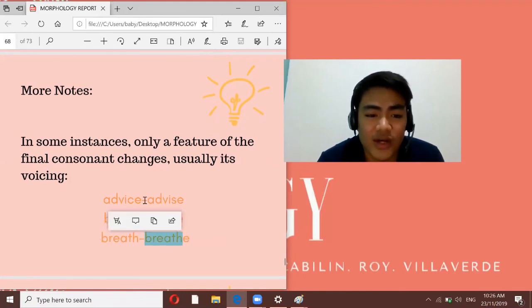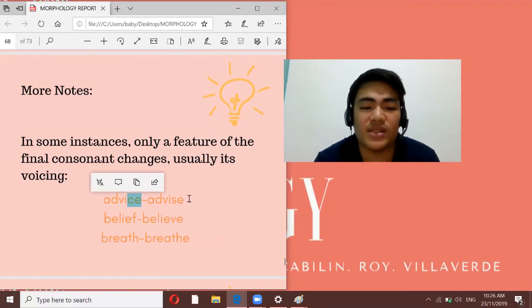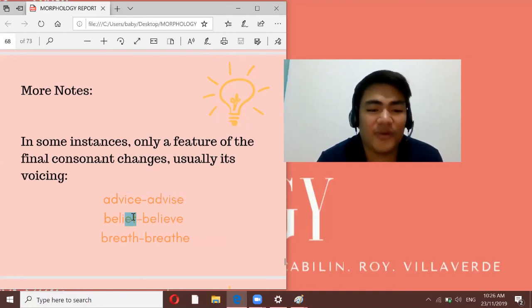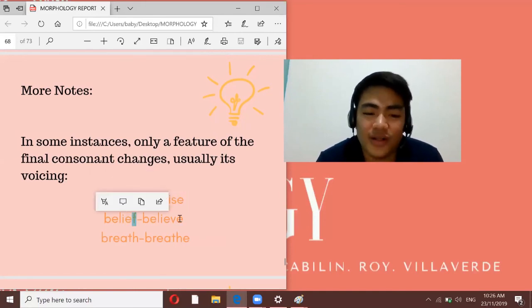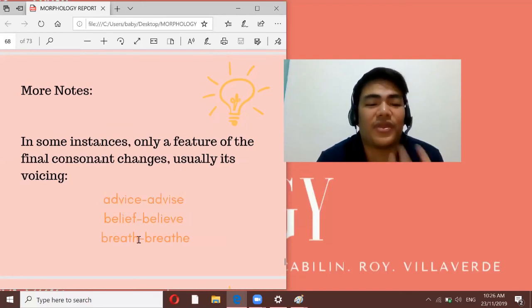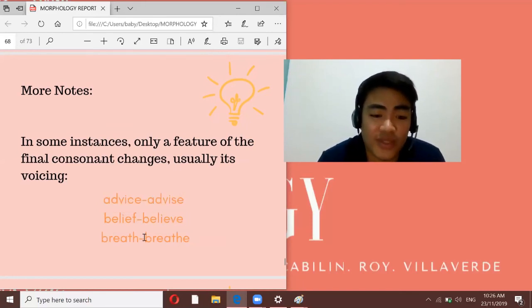So the final consonant sound changes from s to z. In the other example, from f to v. In the third example, from th to the, from soft th to hard th.